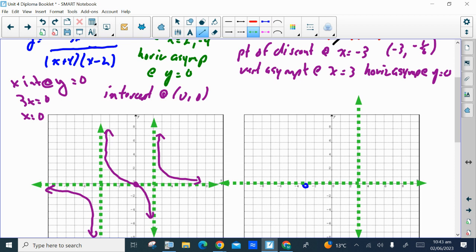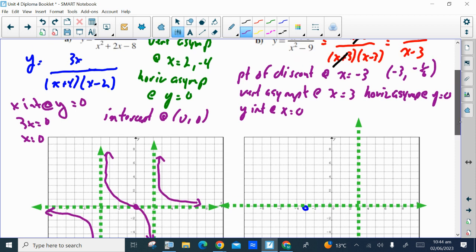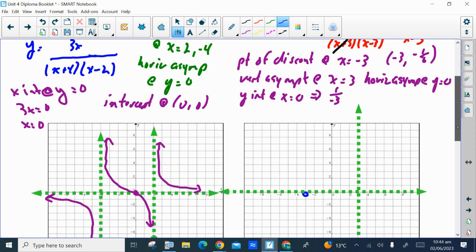This graph will have a y-intercept. Our y-intercept is where x equals 0. So if we take the simplified expression and we let x equal 0, that'll be 1 over -3, or -1/3.